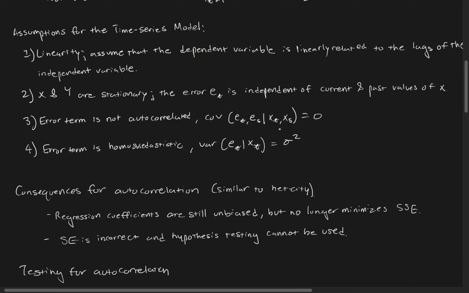The third and fourth are similar in a way, but a little different. The third one is saying that errors can't show a pattern relative to another error, or we can't see a trend among the errors. The fourth one is saying our errors can't get bigger or smaller over time. They need to be relatively the same.